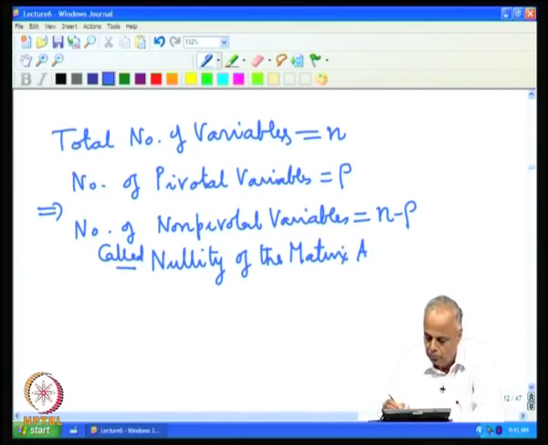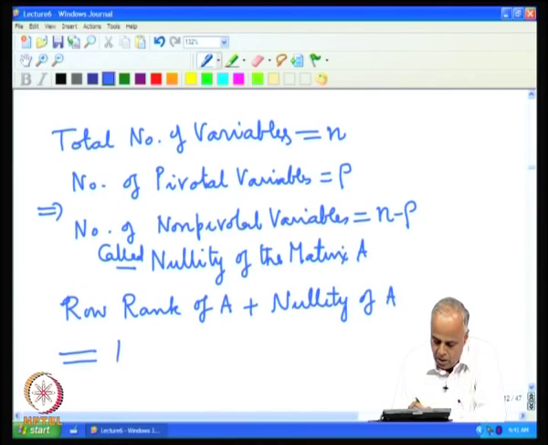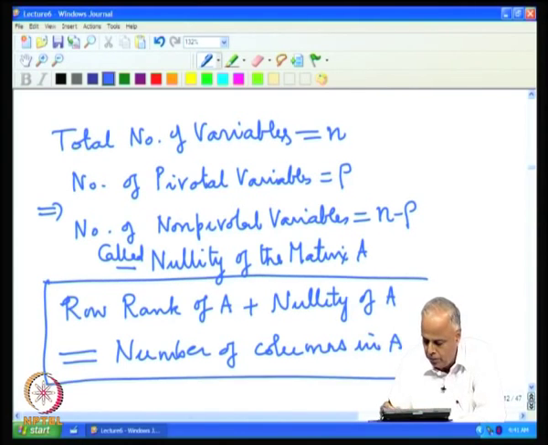So, the nullity of the matrix A is equal to n minus rho, where rho is the row rank. So, the row rank of A plus the nullity of A is equal to the number of columns in A. This is a very useful result which will be seen in different forms later.